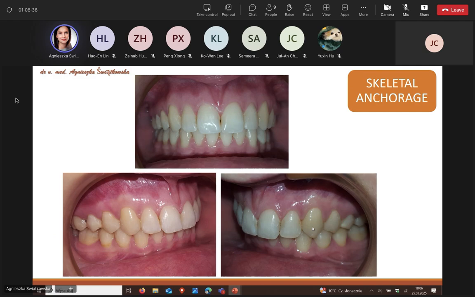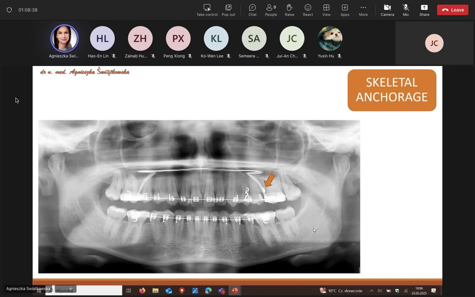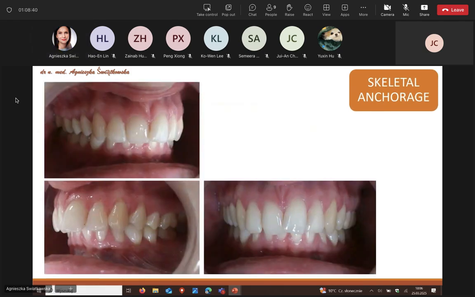You can see, I hope that you remember, this patient before the treatment. Look what happened here. This, in fact, is an incorrect position of this tooth. The patient bites very hard, uses big power. So this is connected with incorrect position. Stillman's and McCall's clefts, you can see here.